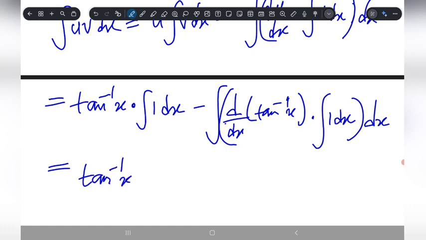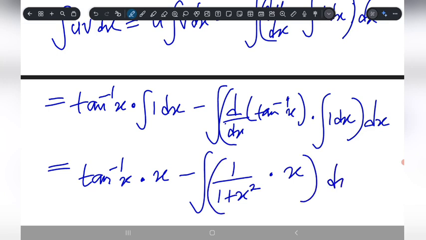So we have arctan x dot x, minus the integral. The moment you differentiate arctan x, we have 1 over 1 plus x squared. When you integrate 1 dx, we have x, all total dx.